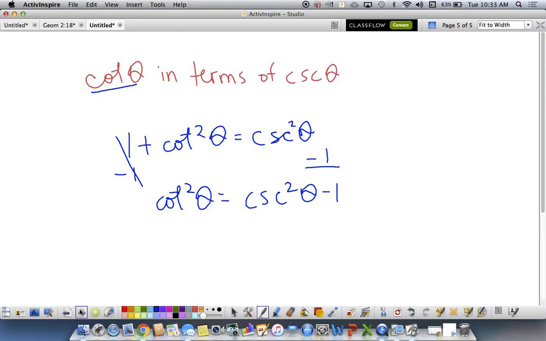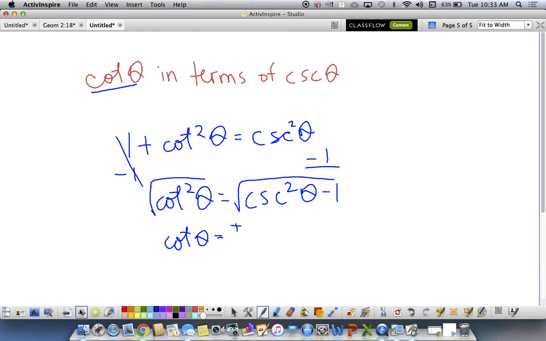Are we done? Do we have cotangent by itself? No. What else do we have to do? Square root it. What's the square root of cotangent squared? Cotangent theta. When you're taking the square root, what do you have to remember?